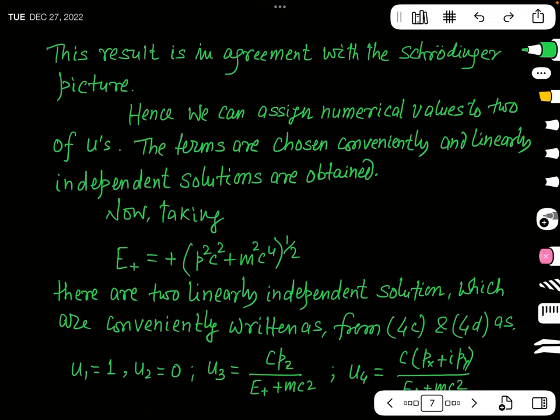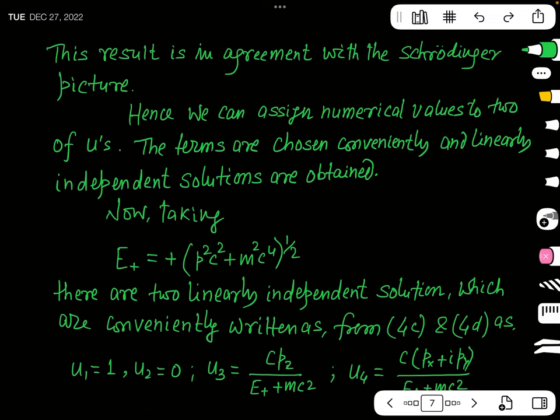And hence we can assign the numerical values of two of the u's, and the remaining u's can be calculated then. Actually, this is a determinant of rank 2. So for its solution, we will put the values of any two of the numbers u1, u2, u3, u4.